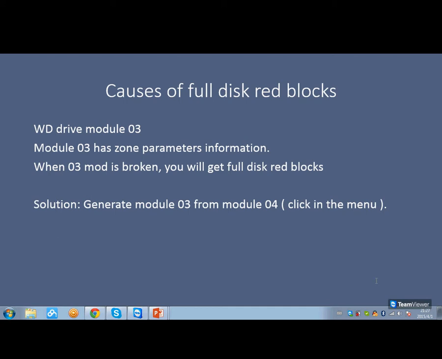Just a little bit to refresh your memory, because now we're talking about the modules. LPA, model, SN, everything else, every information about the drive is stored in number two. So number two is very important.